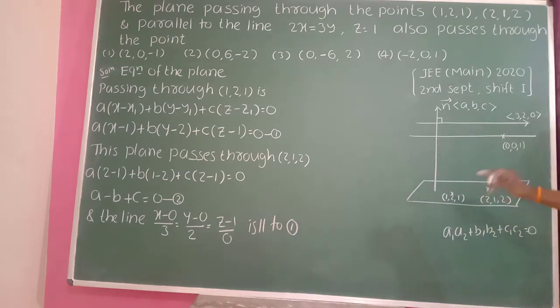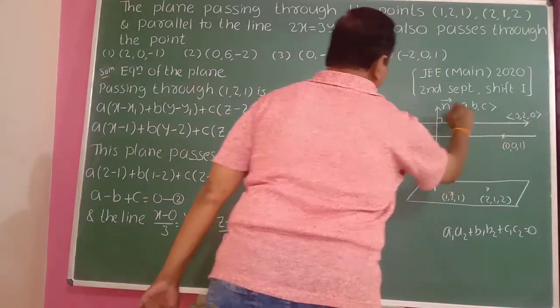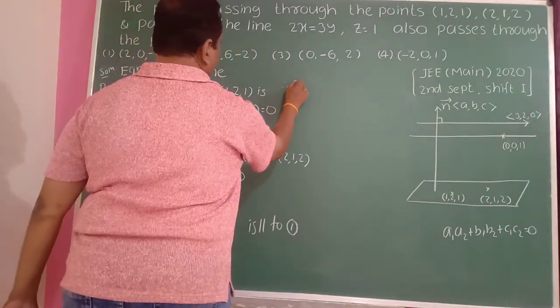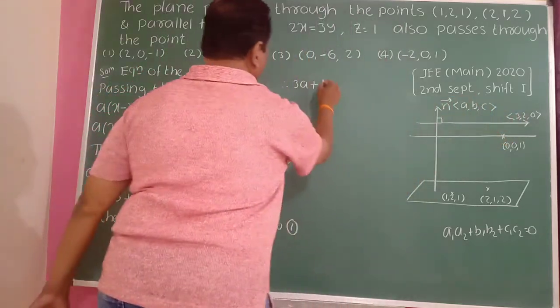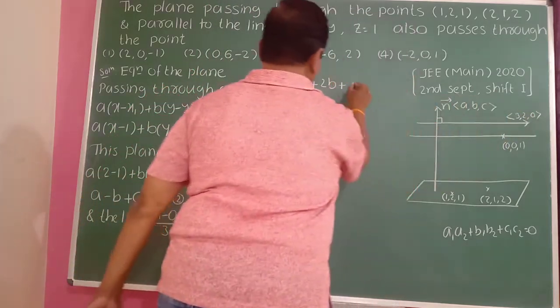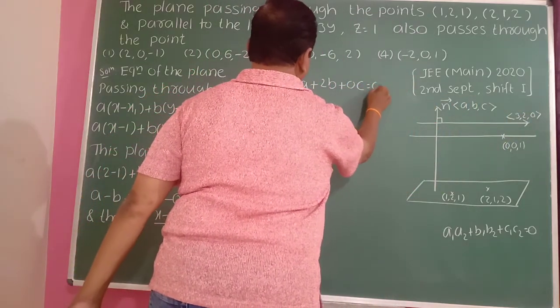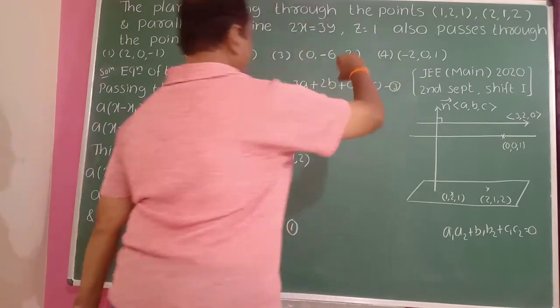So use this condition. 3 into a becomes 3a, therefore 3a plus 2b plus 0c is equal to 0. Take this as equation number 3.